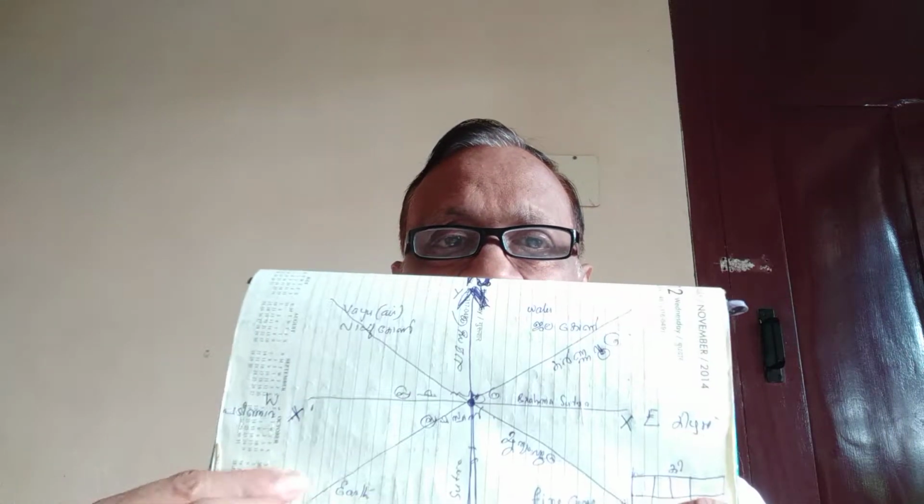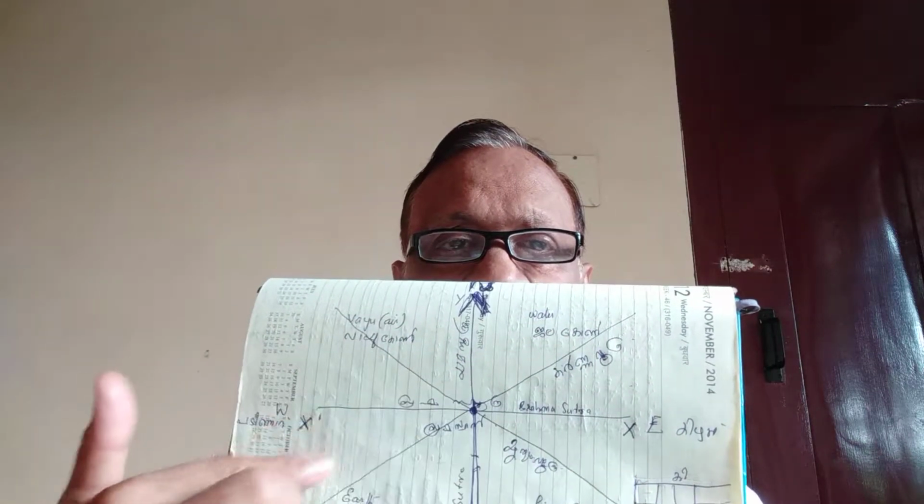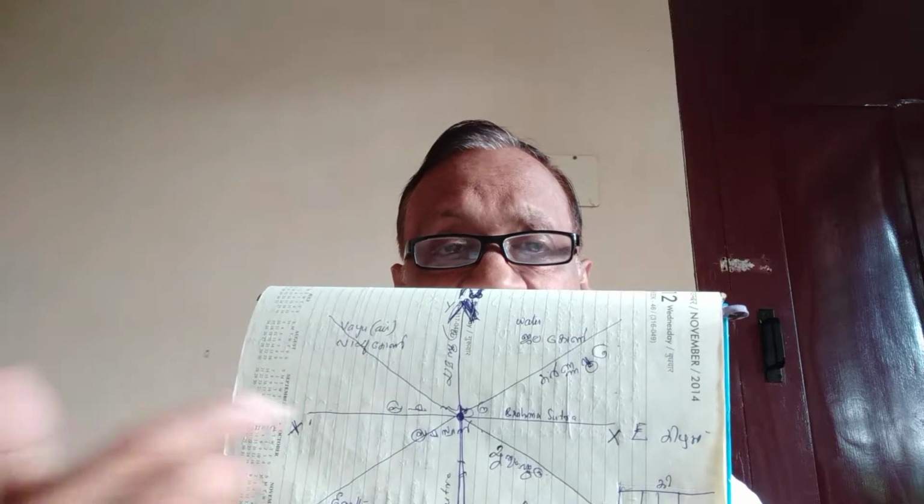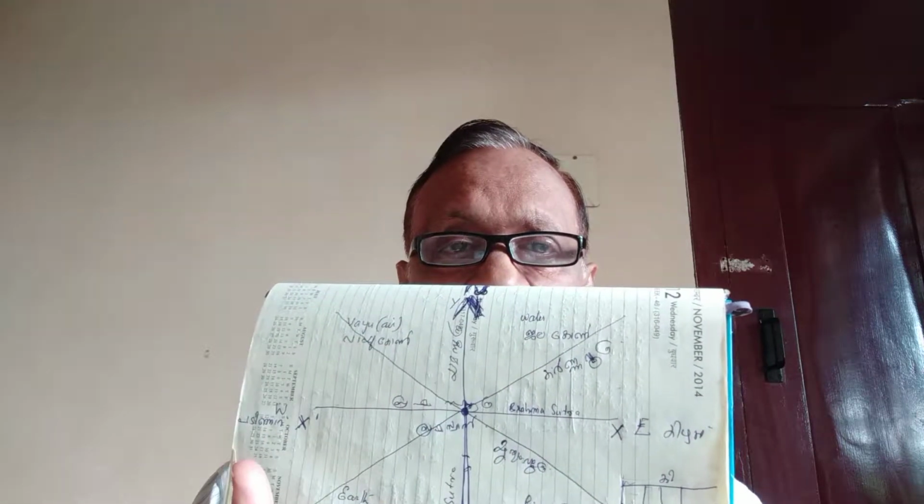Now, in modern engineering drawing, after drawing these two, x-axis and y-axis, they will also draw the diagonal. In modern maths, that is very important. So these are the diagonals. They will draw the diagonal, after x-axis and y-axis, named as Brahma Sutra and Yama Sutra.